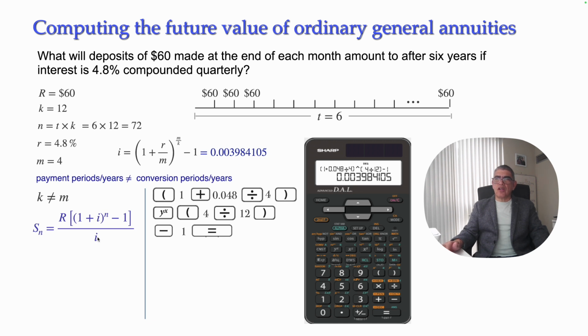A good idea will be to put this number in the memory of the calculator. If you put this number in the memory of the calculator, it will be easier to use it anytime we need to use it twice, and it has a lot of decimals. It's not a good idea to round this number, because rounding this number means that you're going to have some errors at the end of the result.